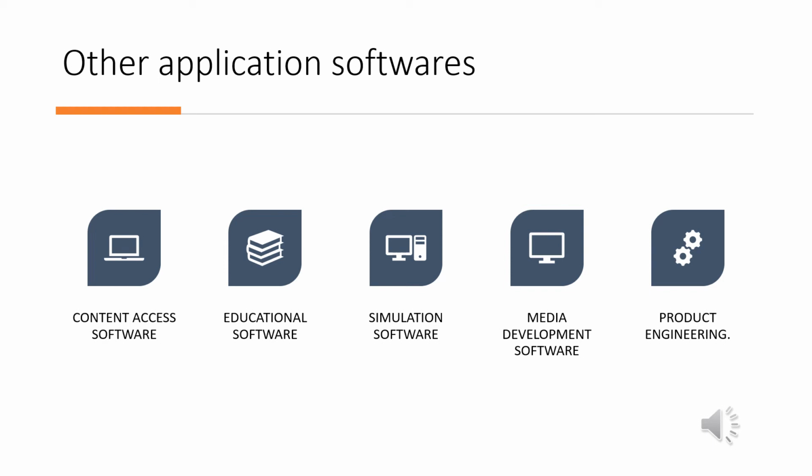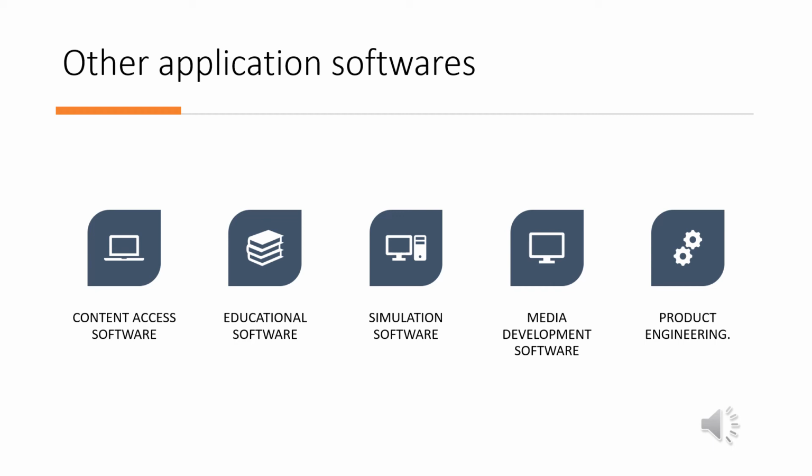Content access software is software used primarily to access content without editing, but it may include software that allows for content editing. Such software addresses the needs of individuals and groups to consume digital content, like media players.